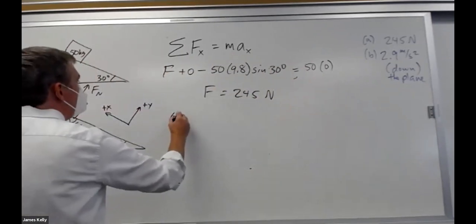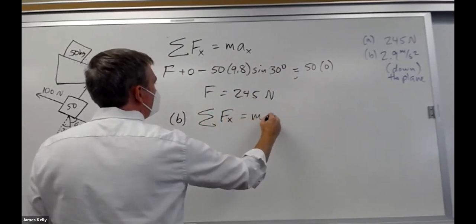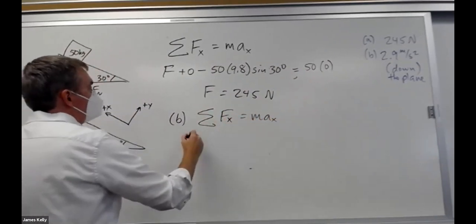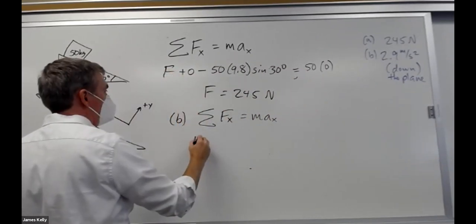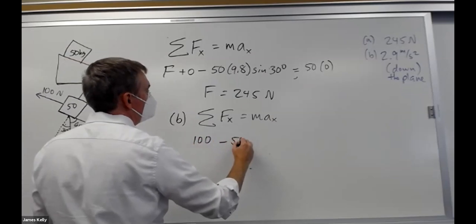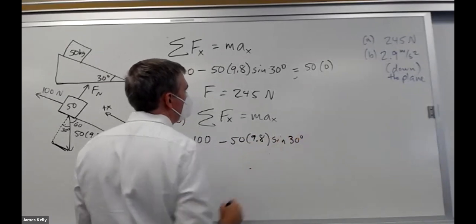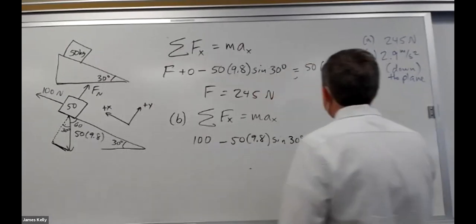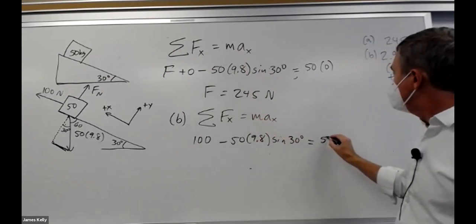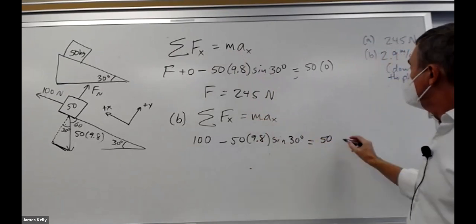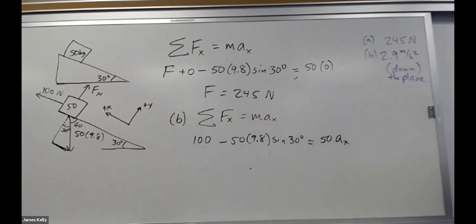So in B, let's rewrite the sum of the force x components equals max. Same thing happens on the left-hand side, except now I know what this F is. It's 100, minus 50 times 9.8 times the sine of 30 degrees, is equal to the mass of the thing in the free body diagram, that's 50 here, times the resulting acceleration x component. And that's what I endeavor to find here.